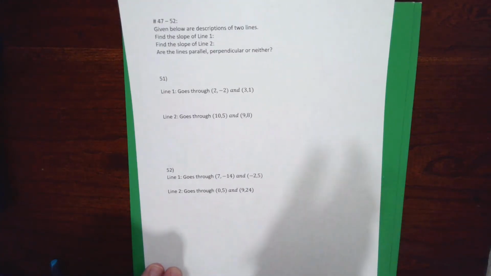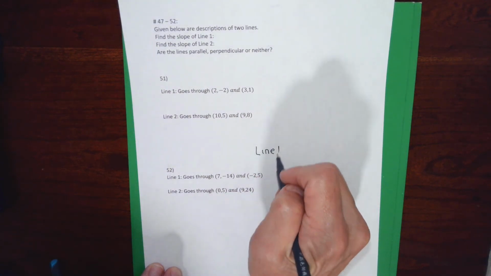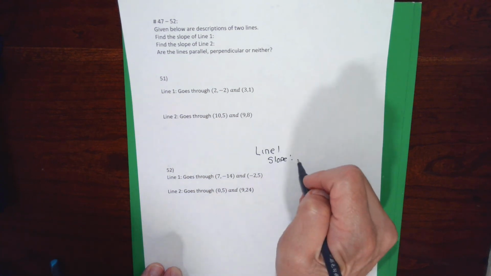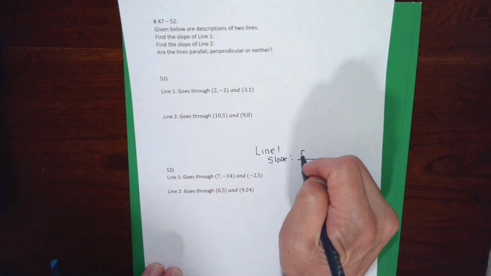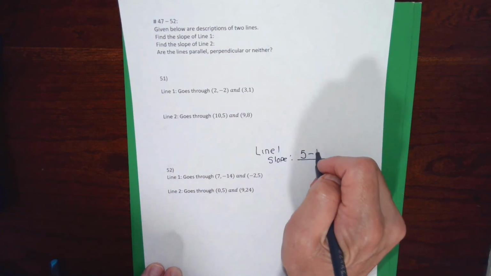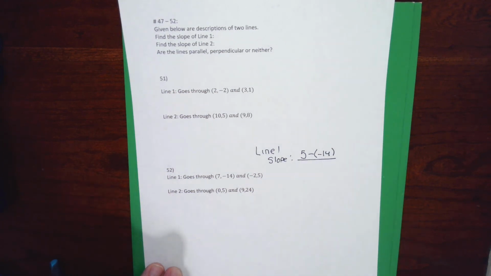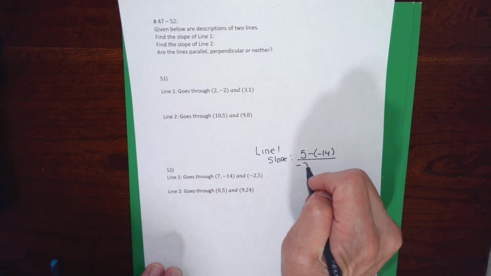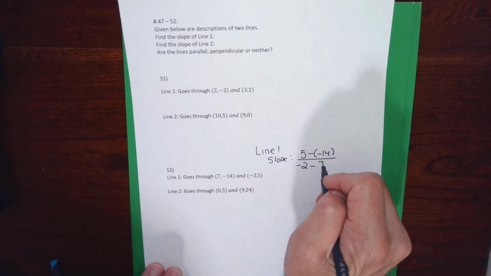Same question for 52. So for 52, line 1, its slope is going to be calculated by forming a fraction. In the numerator, y-coordinate of the second point, 5, minus y-coordinate of the first point, -14. In the denominator of that fraction, x-coordinate of the first point, -2, minus x-coordinate of the second point, 7.